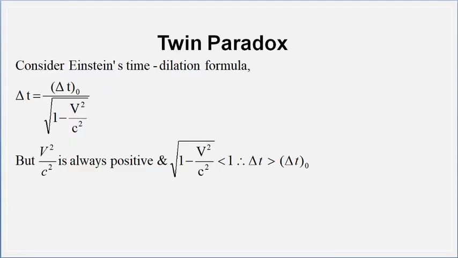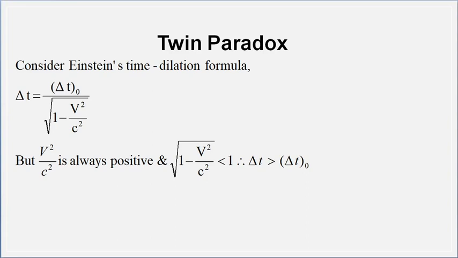Then next we go to what is called the twin paradox. Now, the meaning of the paradox is this: suppose you are dealing with a certain concept and you are explaining that concept by using a valid reason.